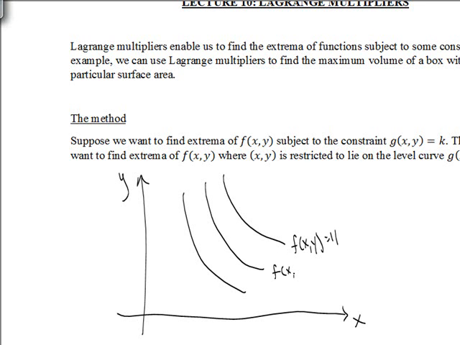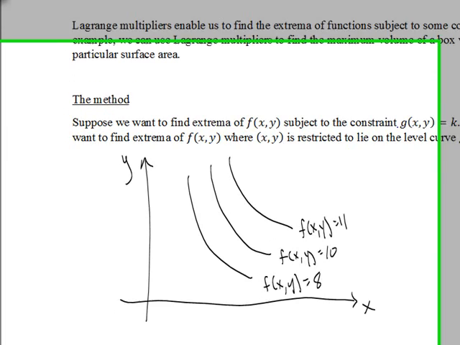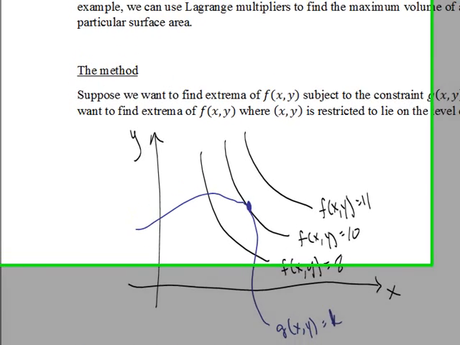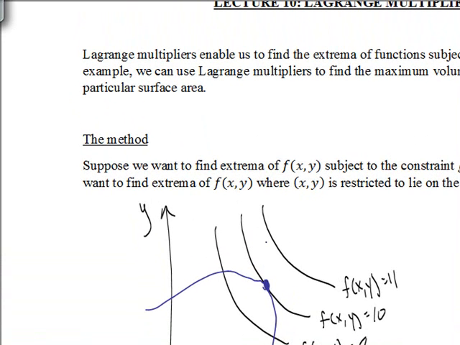This one is f of x, y equals 10. You know, anything. f of x, y equals 8, right? And then in blue, I am going to draw the curve, the constraint, g of x, y equals k. So let's say it looks something like this. And let's call this point of intersection here x0, y0.